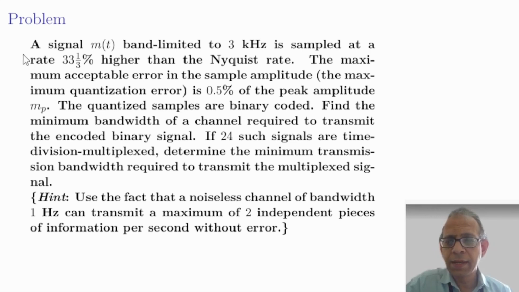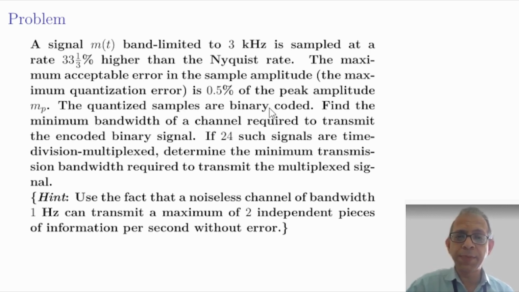A signal m(t) band limited to 3 kHz is sampled at a rate 33 1/3% higher than the Nyquist rate. The maximum acceptable error in the sample amplitude, that is the maximum quantization error, is 0.5% of the peak amplitude mp.